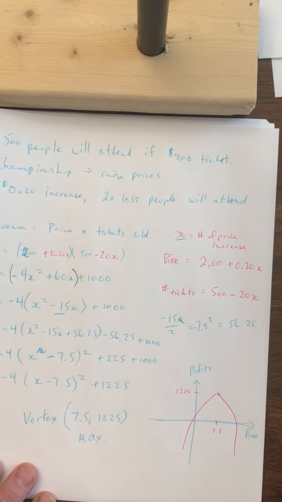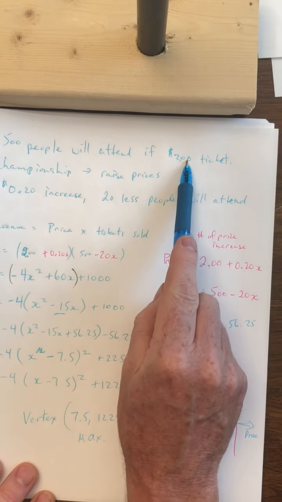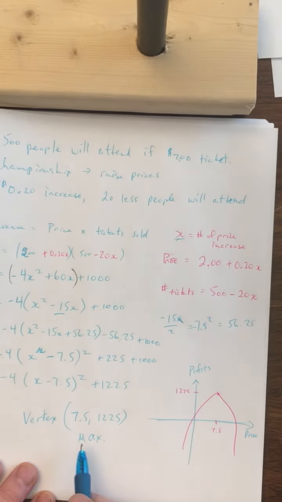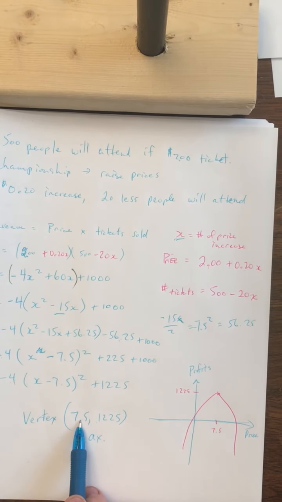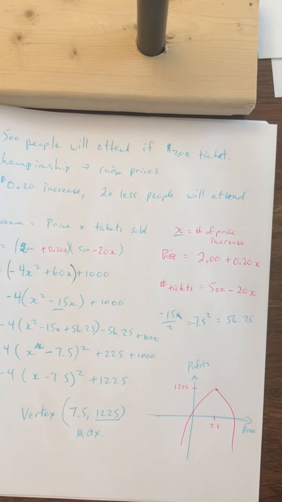We know the initial situation was 500 times $2 a ticket. That would be $1,000. We know that if we increase the price 7.5 times, we'll actually make $1,225. We'll make more money. Fewer people show up, but the fewer people that show up spend more per ticket, and so prices go up.